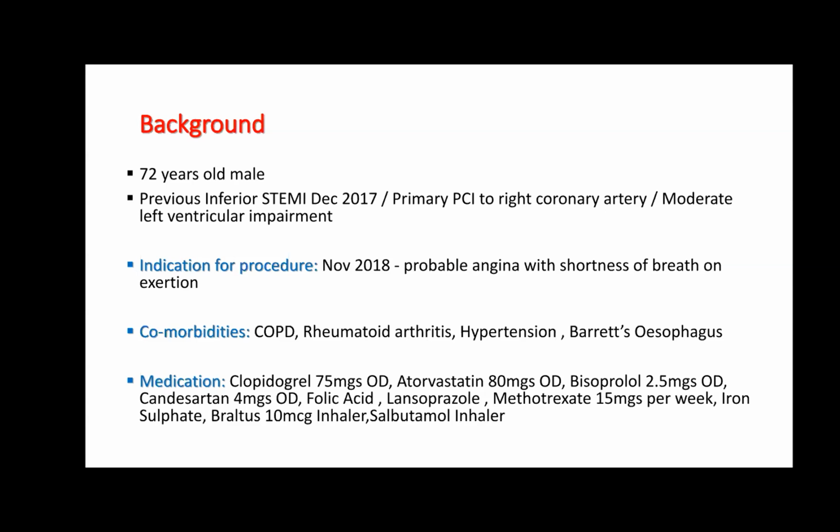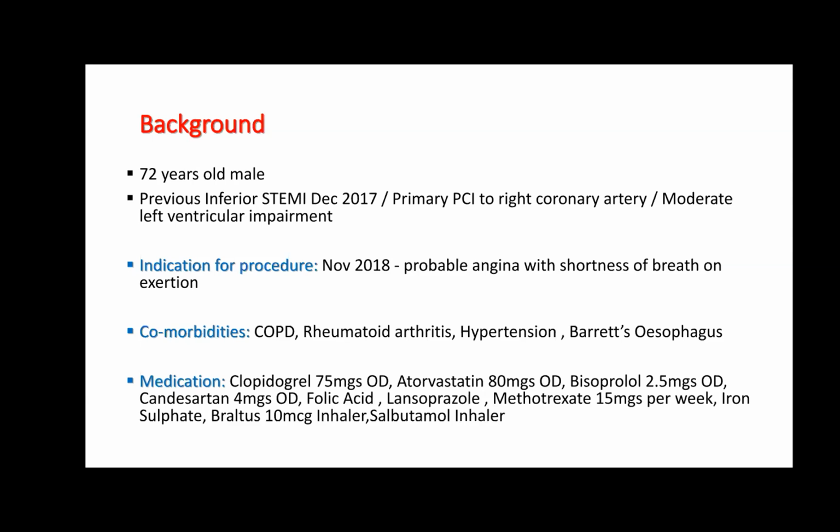At that time, he had moderate LV impairment. And then when he was seen in his follow-up clinic, he was not entirely symptom-free. He was having a degree of shortness of breath and some chest tightness as well. And the clinician at that time felt that we needed to further investigate the bystander disease.